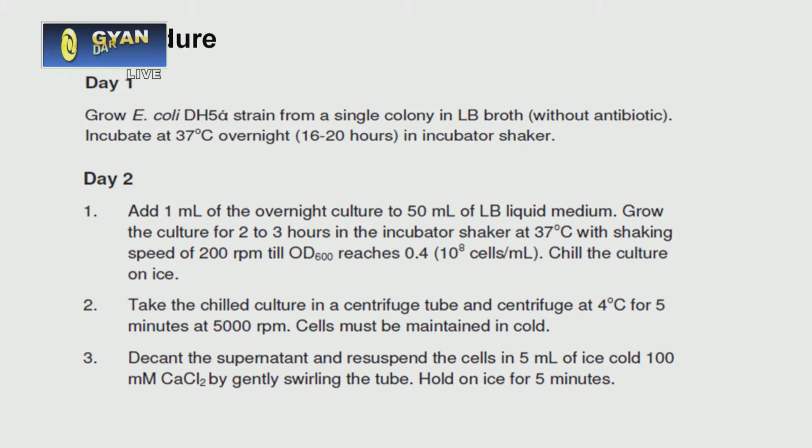What will you do next? You will transfer the culture into a centrifuge tube, cool the culture on ice for some time, and then centrifuge it at 5000 revolutions per minute at 4 degrees centigrade. Be very careful that all the steps should be performed in ice cold condition. You need an ice bucket with ice, and a cold centrifuge machine where you can set the temperature to 4 degrees centigrade, because you cannot undergo the reaction at room temperature or higher temperature.